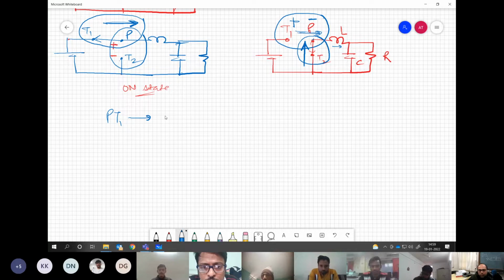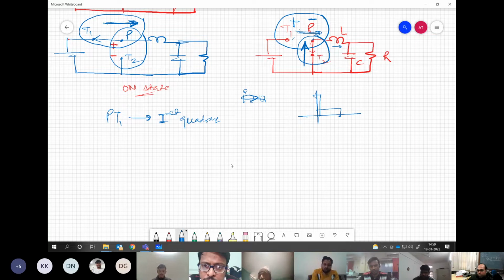So you can say first quadrant operation is done over here. Consider that the direction of current, wherever it is flowing, is the positive direction. So current is always considered positive here, and then voltage is along that. So this is first quadrant. It is conducting the positive current and blocking the positive voltage.